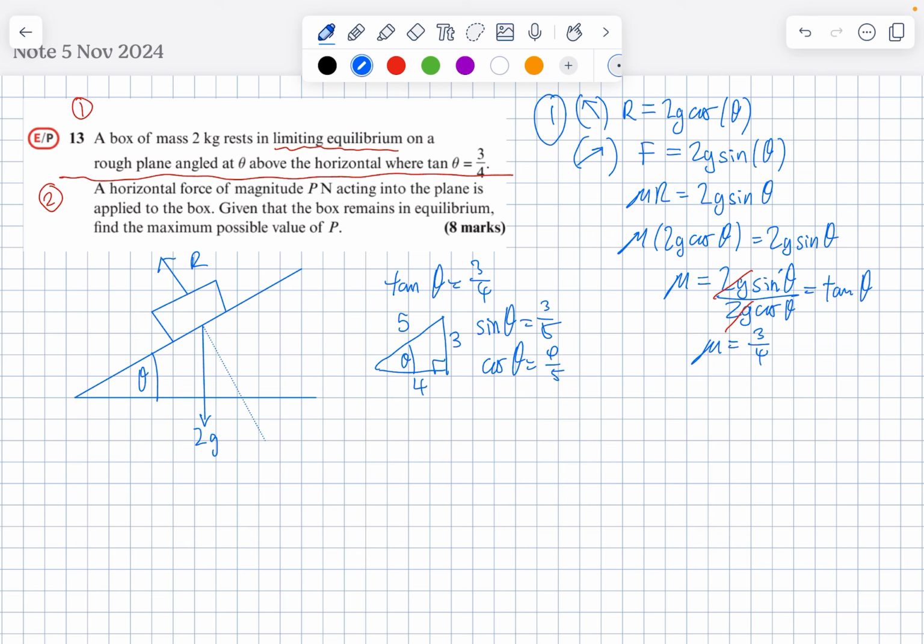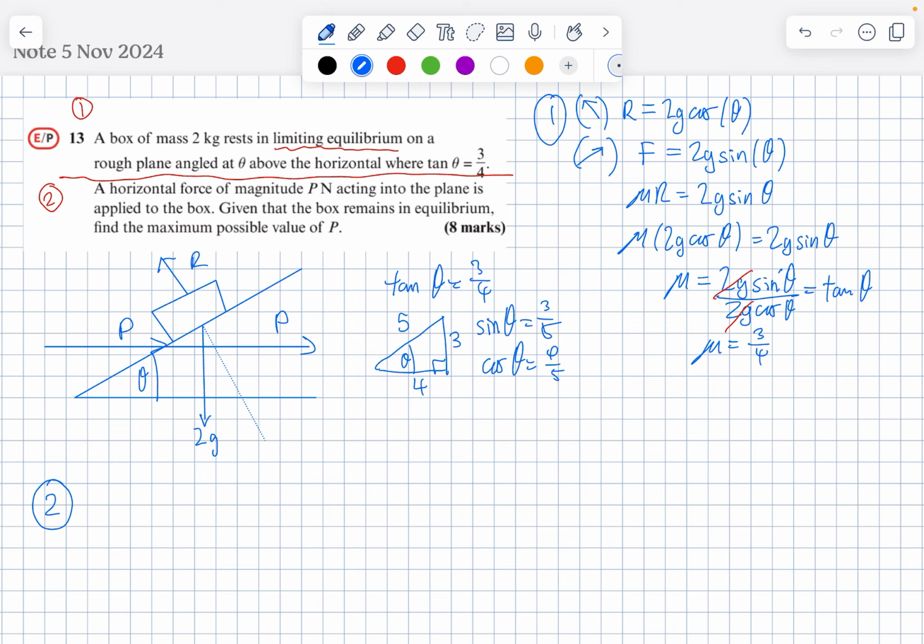So now we can go to 2. So for 2, let's include our force P. Okay, and I'm going to extend that through. Oh, that's actually not very well drawn. Right, so let's do it horizontally. Okay, so that's P all the way through.